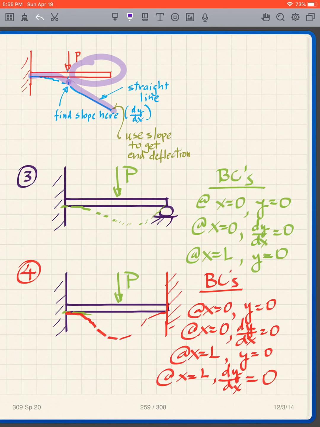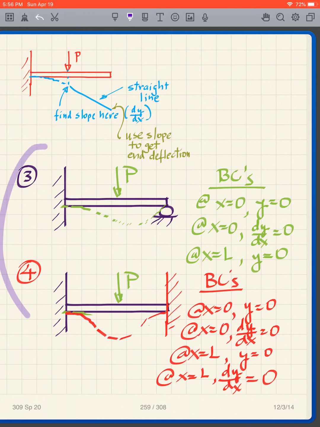So if I want to figure out the deflection at the very end of the beam, what I do is I simply analyze only this portion to start with, and I get the deflection and slope there, and then I extend that straight line just using simple geometry. So we're going to run into something like that.